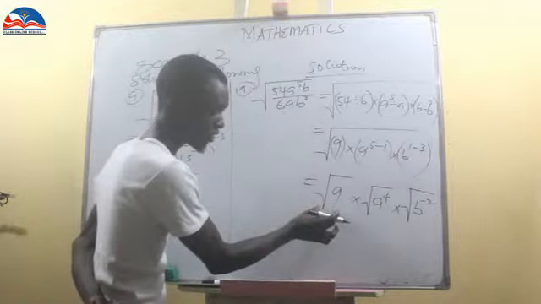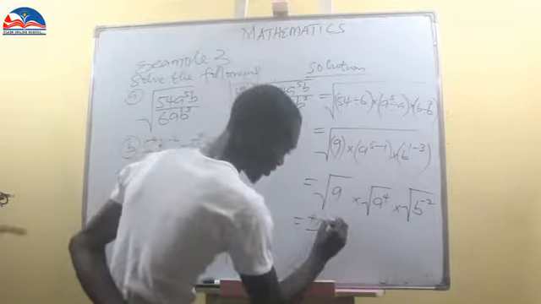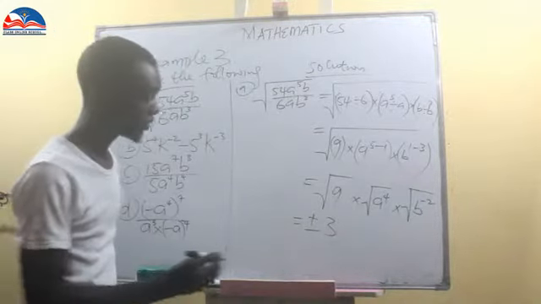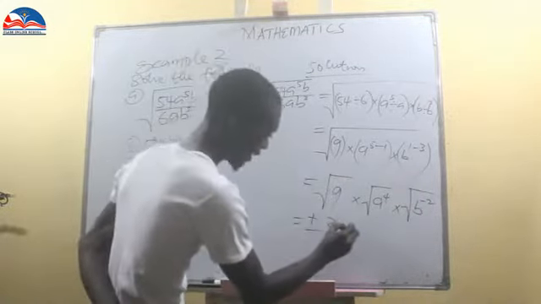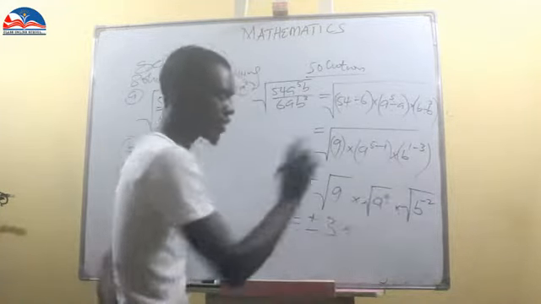The square root of 9 is 3, for 3 squared is 9. Times, now we have the square root of a index 4.